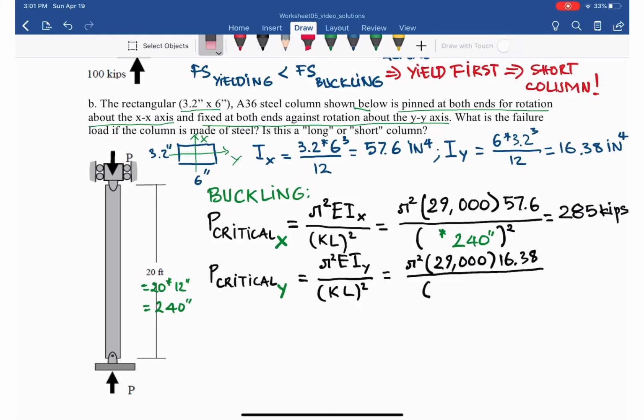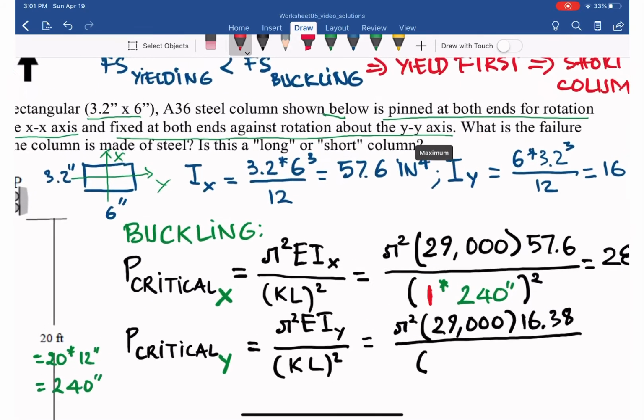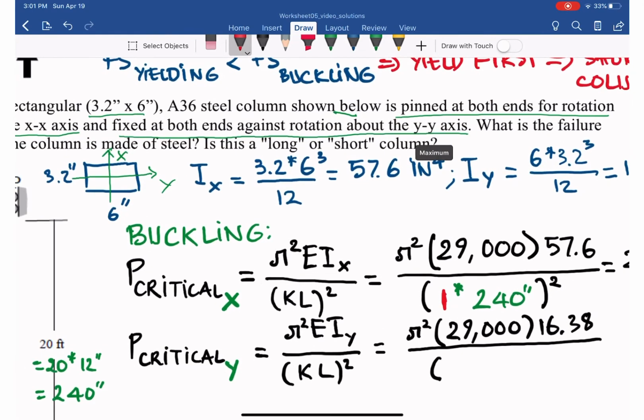The top one here had K equal to 1, but about the y-axis the problem gives us fixed at both ends against rotation.